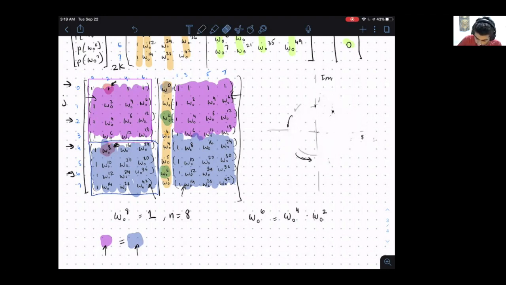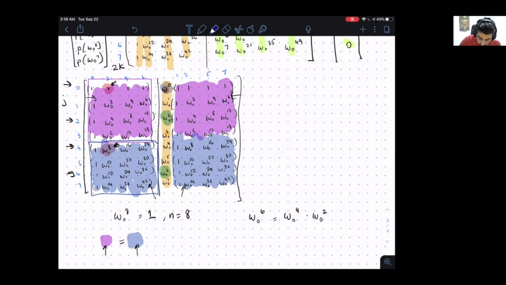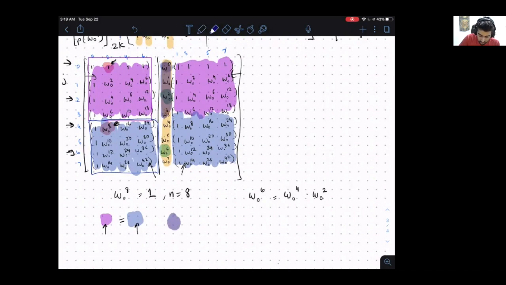Okay, so now we know about that a little bit. We can consider the top and bottom constant terms a little bit separately. So we actually have that the top vector of constant terms is equal to the negative of the bottom vector of constant terms.